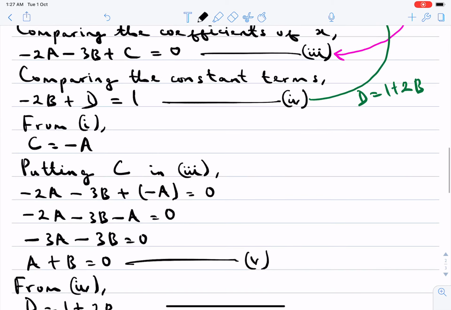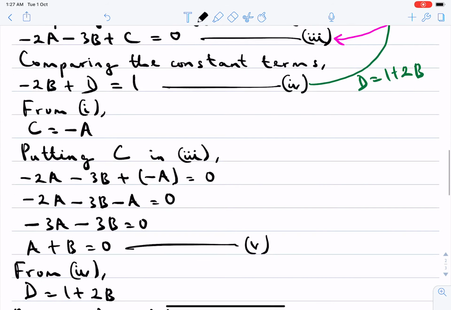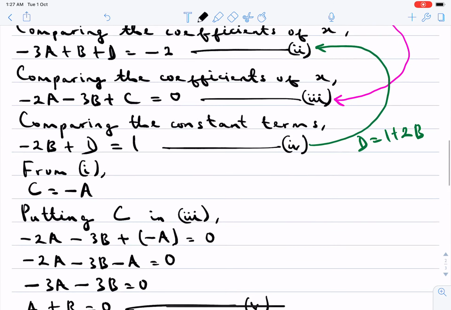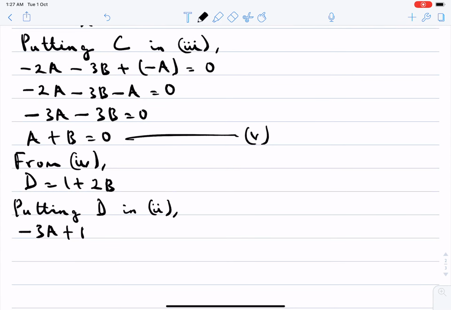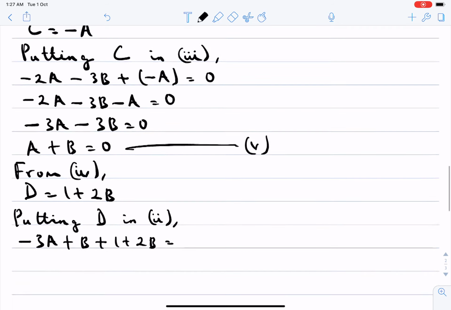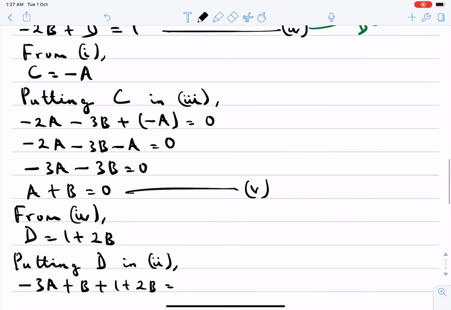So minus 3a plus b plus d, which is 1 plus 2b, is equal to minus 2.